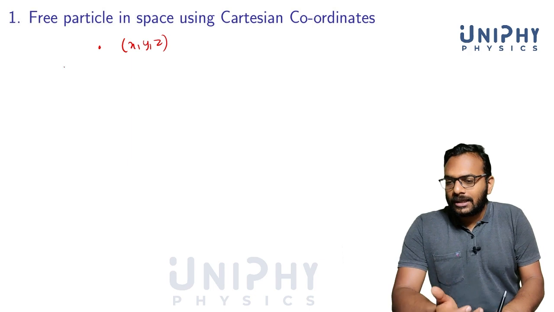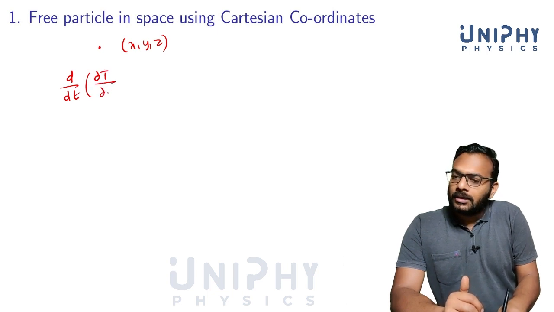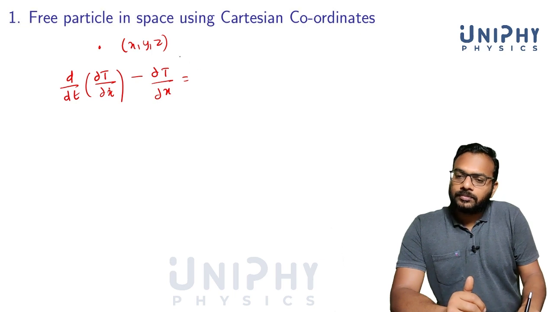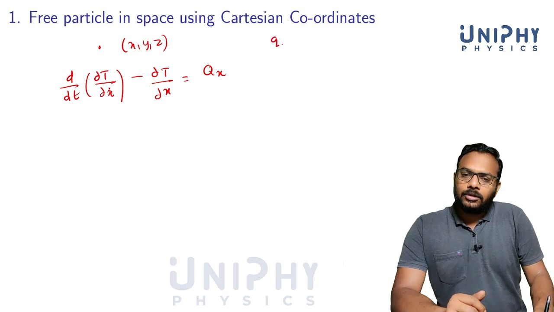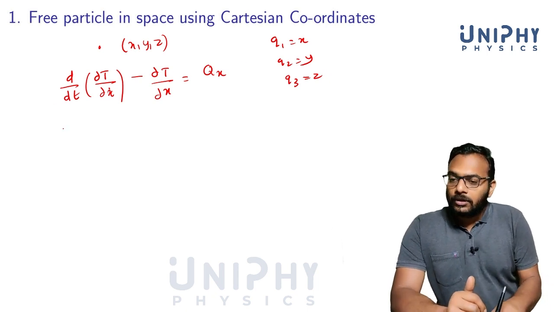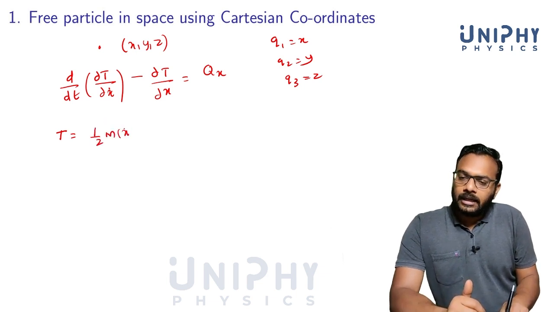We can write the Lagrange's equation in this form: d by dt of dou T by dou x dot, where T is the kinetic energy, minus dou T by dou x is equal to the generalized force component Qx. Here q1 is equal to x, q2 is equal to y, and q3 is equal to z. Kinetic energy can be written as half m times x dot square plus y dot square plus z dot square.